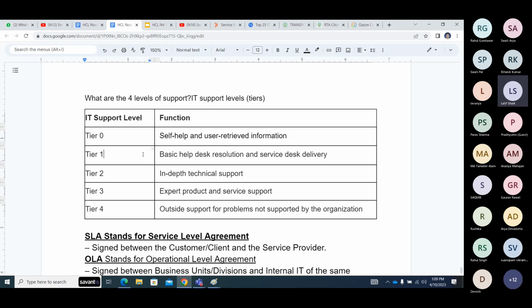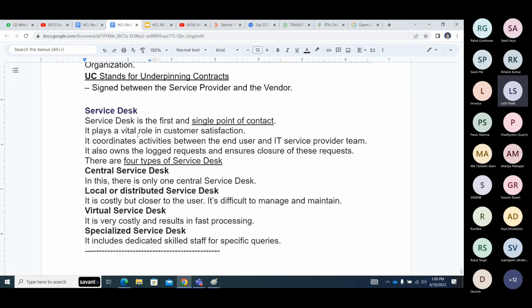L3 is an expert in product and service support. Not just the issues, but product level support, service level support, infrastructure level support. L4 is outside support for problems not supported by the organization. It's a consultant type. L4 is like a consultant type.